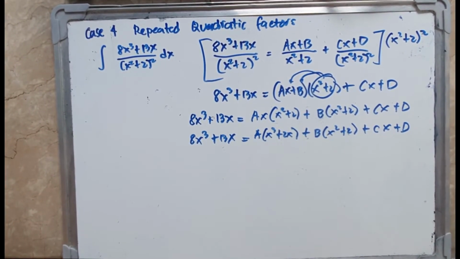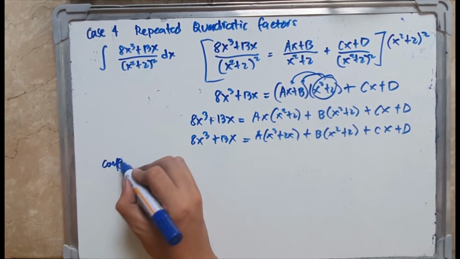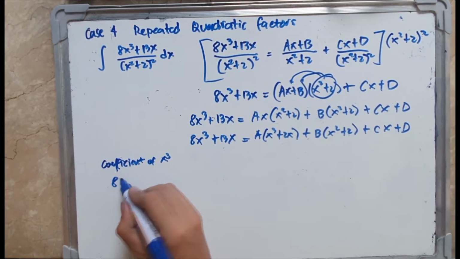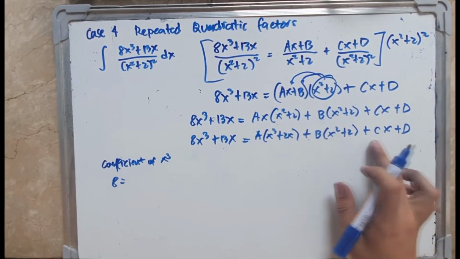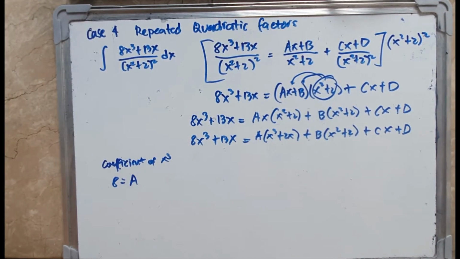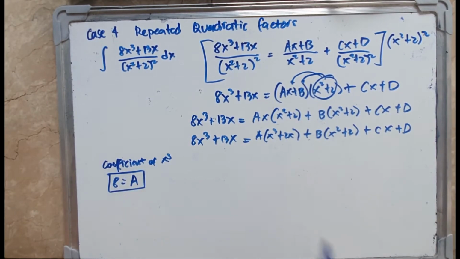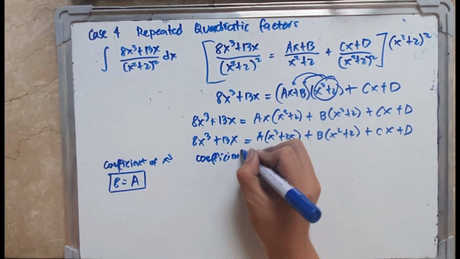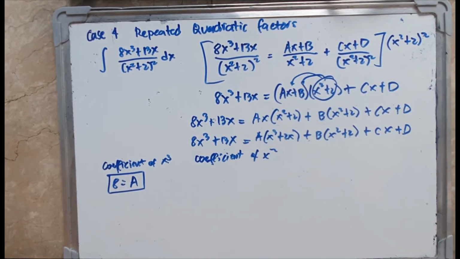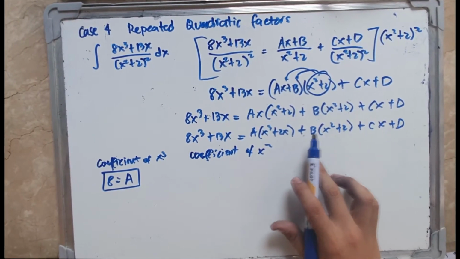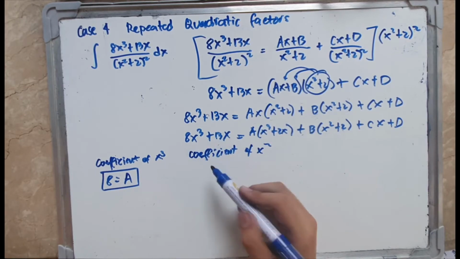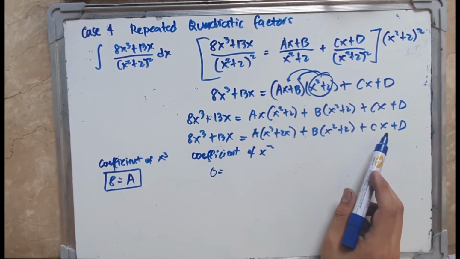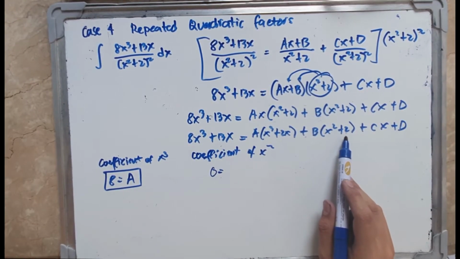Okay, equating coefficients. Coefficient of x cubed. On this side we have 8. On this side we have a. Therefore, we already have the value of a, which is 8. Now, the coefficient of x squared. Which one has x squared? b. Here is 0. No other x squared. So b is 0.